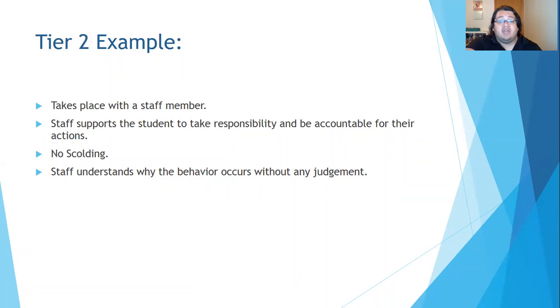You need to take responsibility, but we have to make sure that we understand why the behavior occurs without any judgment. We cannot have any judgment whatsoever. We might think like, oh, this student is the worst. Can't do that. We have to hold our judgment.